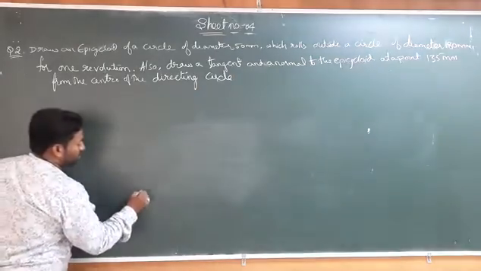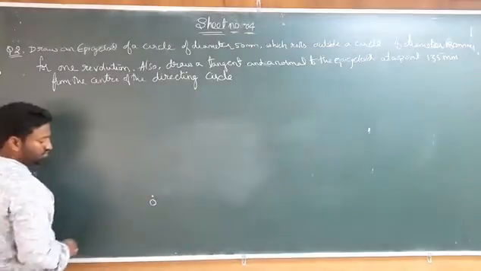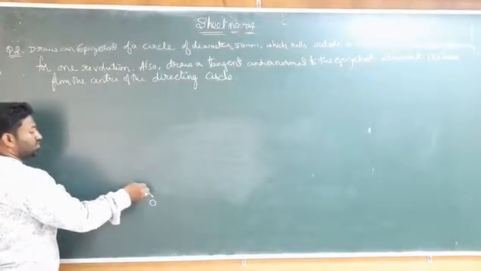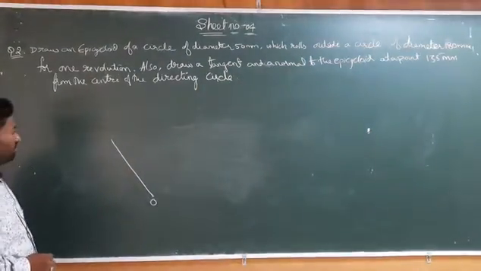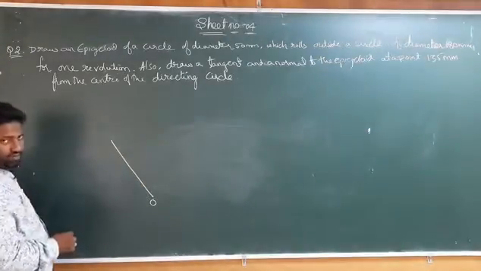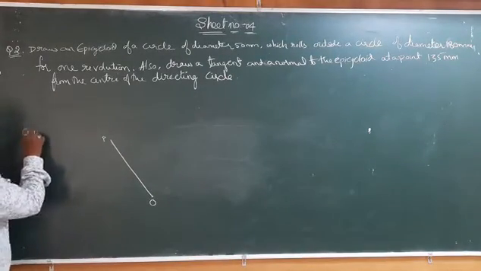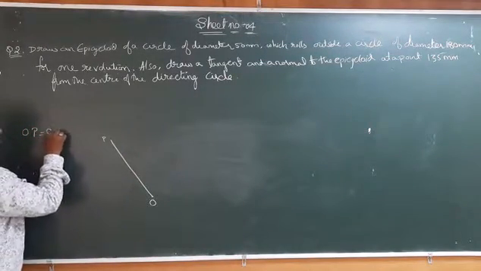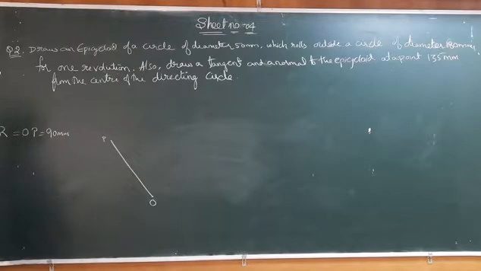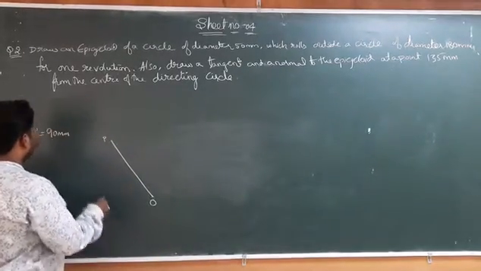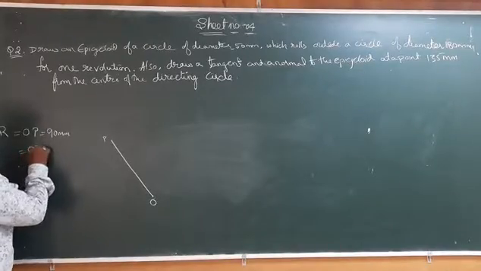First we draw the center of the directing circle, that is our O. Now from this we draw a line, a radius of 90 mm. This is our P. The distance OP is equal to 90 mm, that is capital R, the radius of the larger roller. After that, we draw OQ.